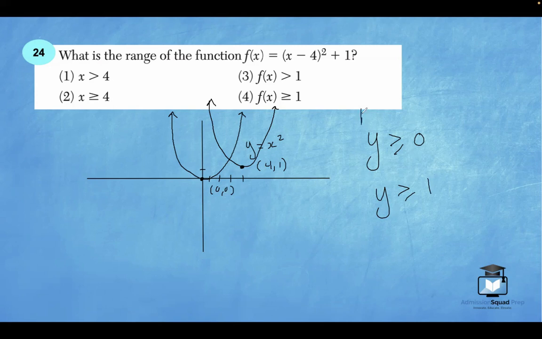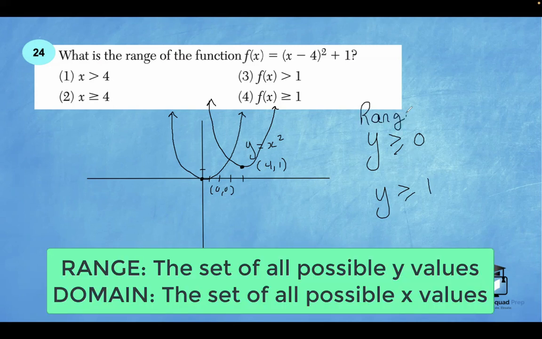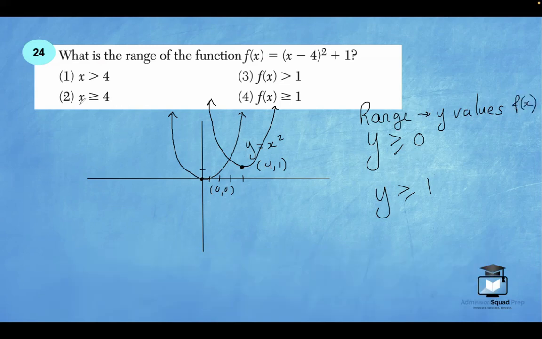Now, guys, just in general, please remember that the range means the y values. And another way to think about the y values is basically f of x. So when we look at our answer choices, anything with x represented by the domain, so answer choice 1 and 2 are completely incorrect. So really, you just needed to choose between 3 and 4, and they both had a 1. So you just need to know that for a parabola, the y values are greater than or equal to 1.